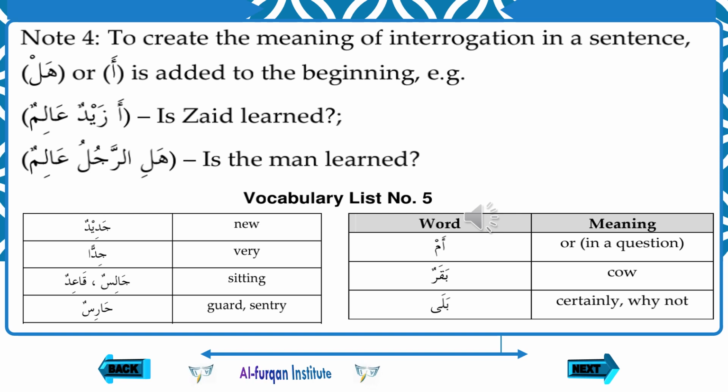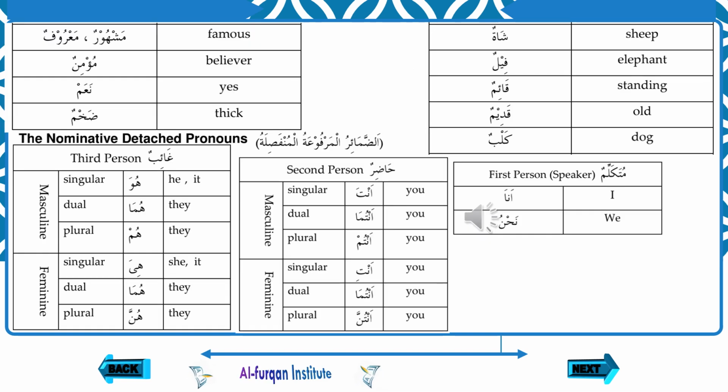So the first word we have am, or that is in question. Bakorotun, cow. Bala, certainly, why not? Jadidun, new. Jiddan, very. Jalisun, aw qa'idun, sitting. Harrison, guide. Shatun, sheep.